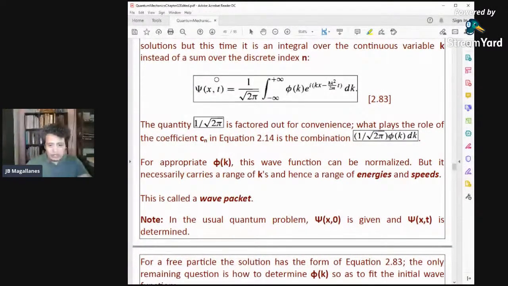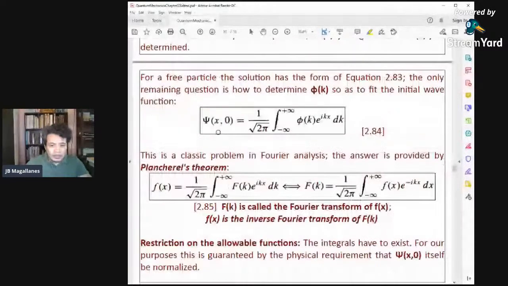But for the free particle, it's continuous.